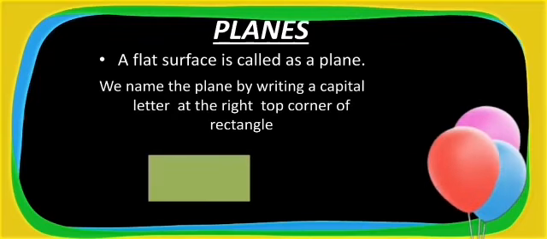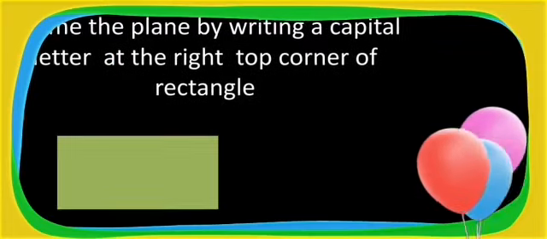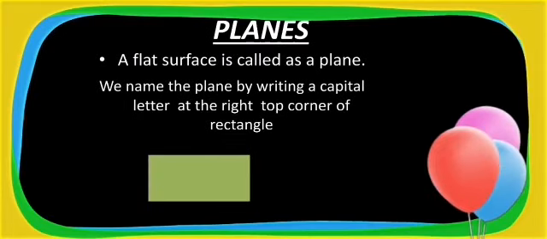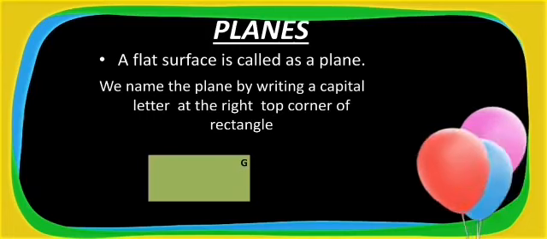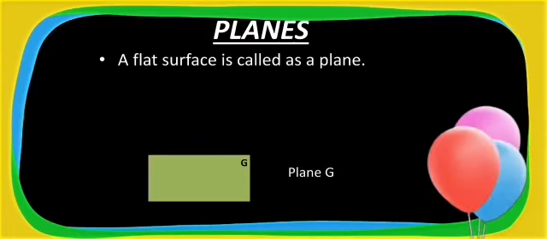Presently I have given a rectangle, and if you observe, a letter G is shown at the right top corner. So whenever we name this plane, we name it as plane G. Understood? Now there is one more property about this plane, which is usually shown by writing arrowheads at the boundary of the quadrilateral.